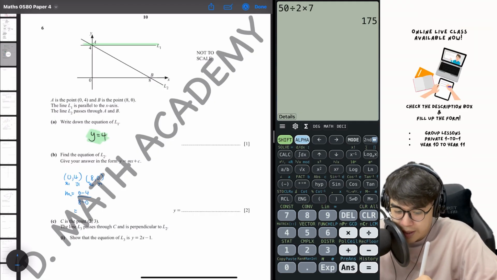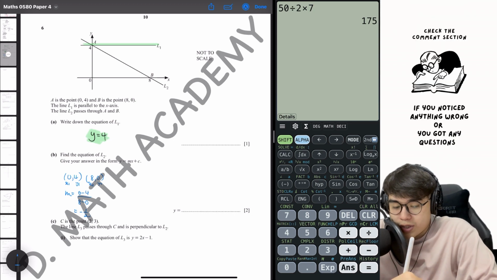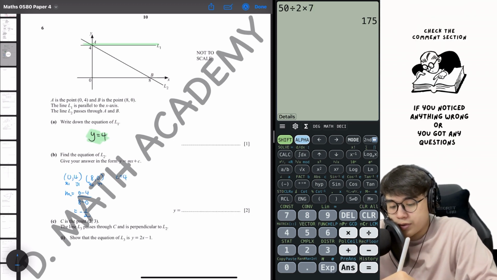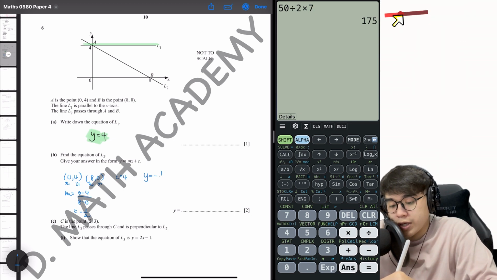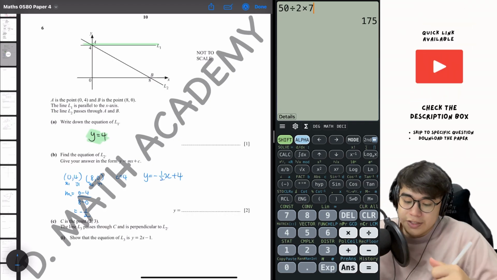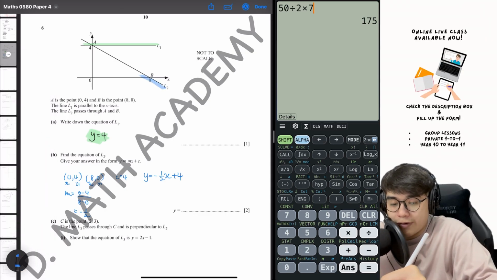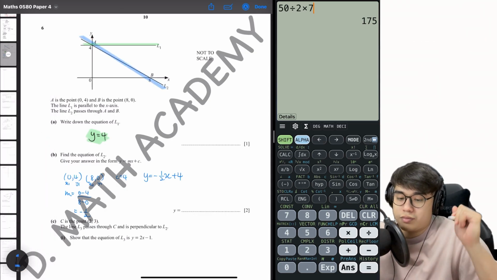You will get negative 1 over 2. And your c here turns out to be 4. So we can straight away form the equation here. This will be the answer that I'm submitting for this line right here in blue.